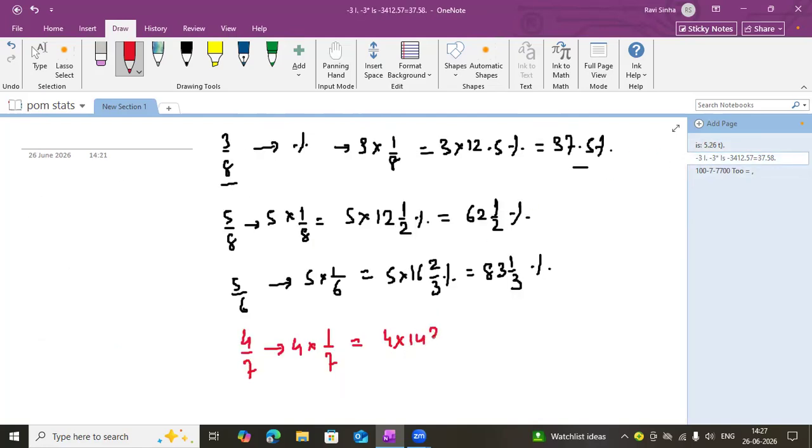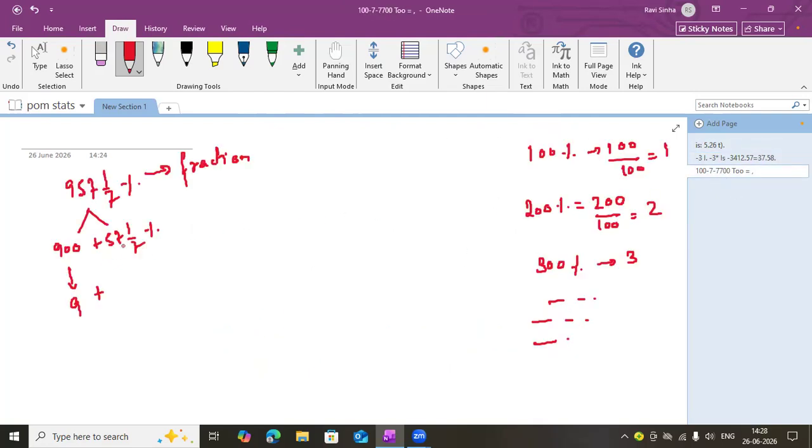So 4 by 7 gives 57 1 by 7%. So 57 1 by 7% is nothing but 4 by 7. So we can put in the values here.